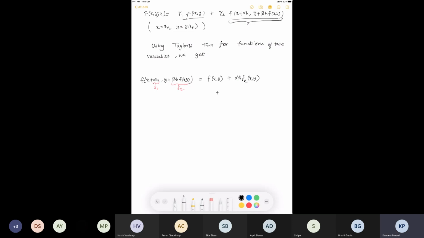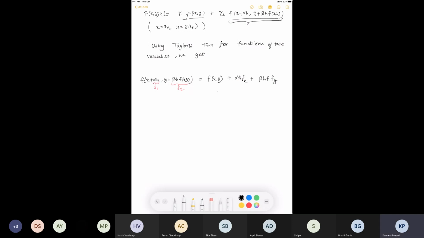Everything is evaluated at x, y here. And then I will get the difference of y plus delta 2 with y, which is delta 2. So delta 2 is beta h times f. I'm not writing x, y again and again because it's understood that we are expanding in the neighborhood of x, y. So beta h f is the difference of y plus delta 2 with y, and then the derivative of f with respect to the second variable, which is y.